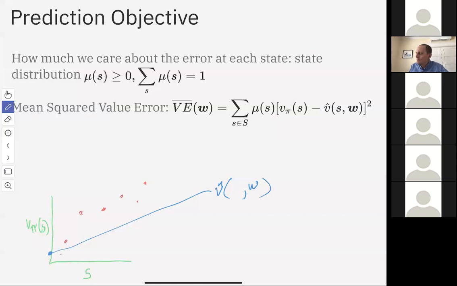So if we look at this, is this as best as we could do, Sina, in terms of approximating those red v primes or v pi's? No. What might you change about the slope?